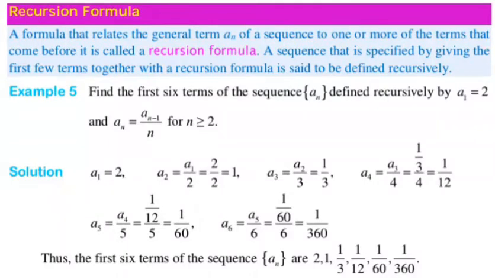the question: find the first 6 terms of the sequence an defined recursively by a1 equals 2 and an equals a(n minus 1) over n for n greater than or equal to 2.